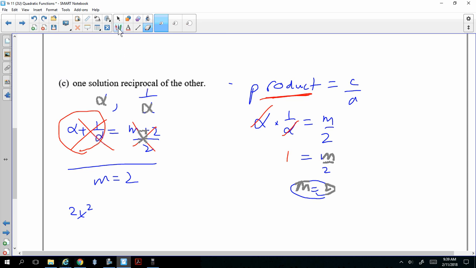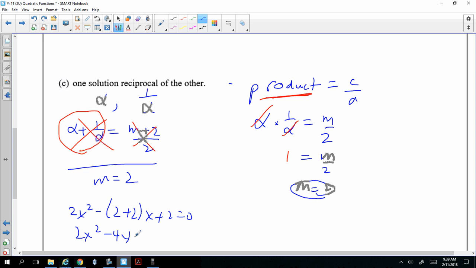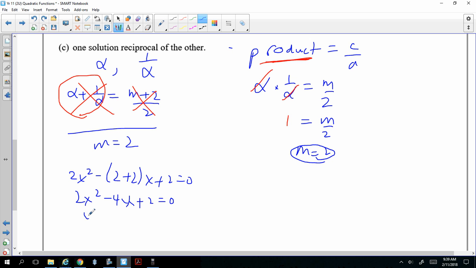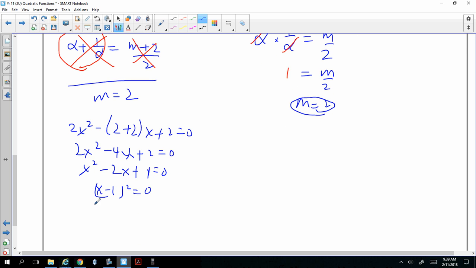Oh, it's a perfect square. X minus 1, x minus 1 is 0. That's why it's called a double root for a reason. Because the 1 is the alpha. The 1 is also 1 over alpha, right? Just happens to be the same number. Okay. All right, all good.